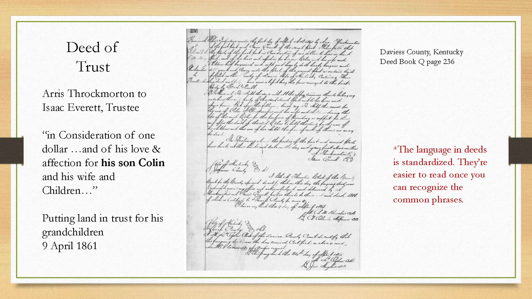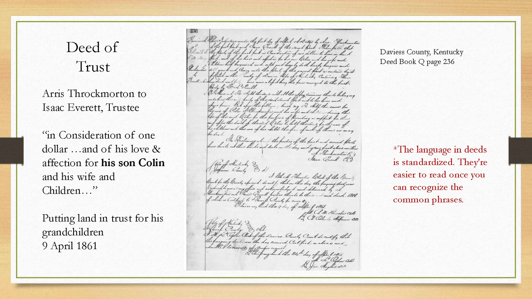So, in consideration of $1 and of his love and affection for his son Colin and his wife and children. If you see land being transferred for $1, it's most likely to a family member. Sometimes if there's another neighbor and they're swapping lands that are roughly the same amount, they'll do it with $1, but it's usually going to be a family member. And then the love and affection for his son, that is standardized. That's what they say in all of them.